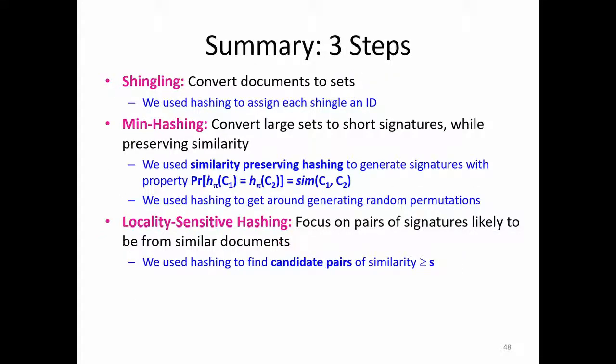Just to summarize, there are three steps: shingling, min hashing, and locality sensitive hashing. Shingling is for finding an appropriate representation in terms of sets. You may call it sets, or you may call it shingles, but documents are represented in terms of sets of k shingles.